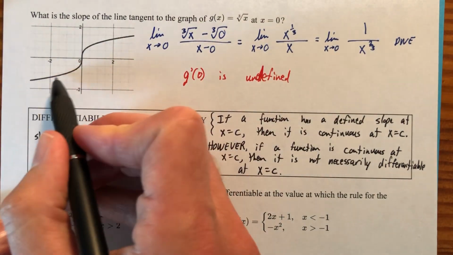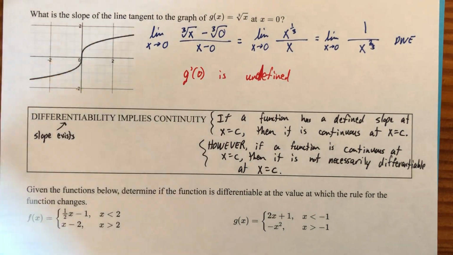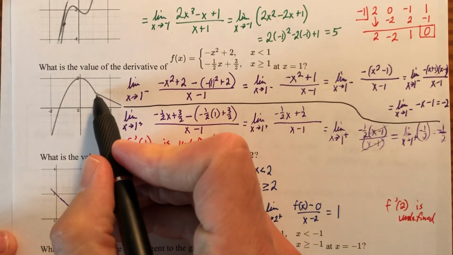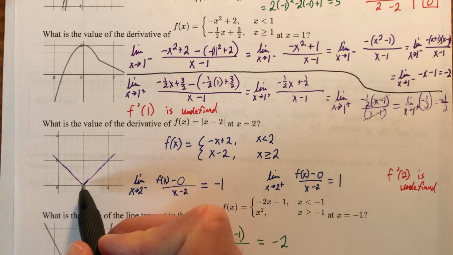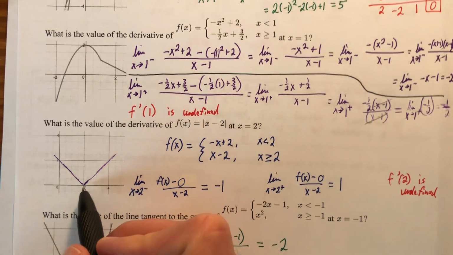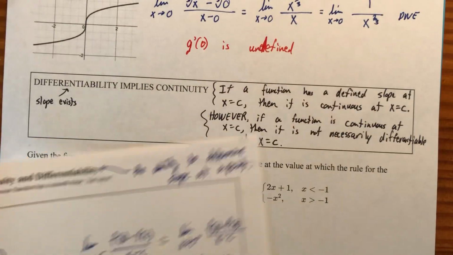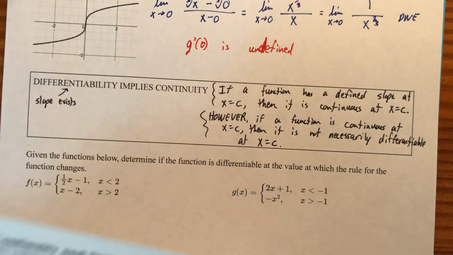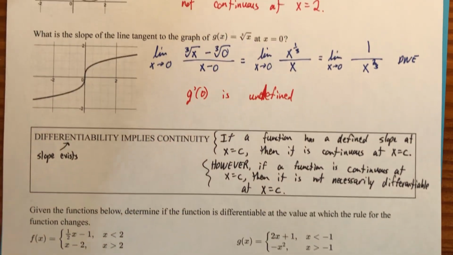Okay, this function was continuous, but I couldn't talk about the slope there because the slope was undefined. The function was continuous, but you squalling tires. The derivative, the slope at that point, was sharp. We couldn't talk about the slope at that point. It wasn't a smooth curve. But every continuous function isn't necessarily differentiable, but every differentiable function was continuous.